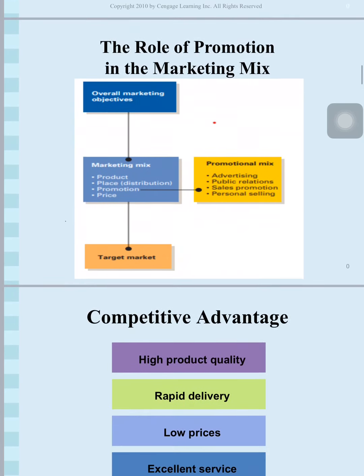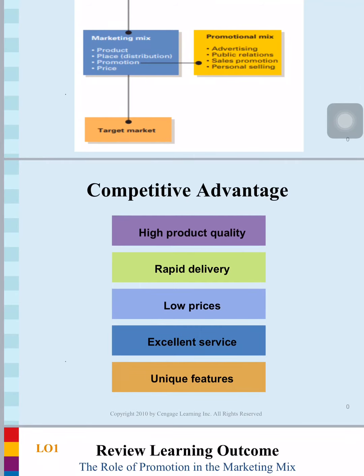So competitive advantage. When we talk about competitive advantage, what is unique about your product and services compared to your competitors? This is the advantage that you should have in your product or services in order to compete with your competitors, in order for your target market to choose you rather than your competitors.